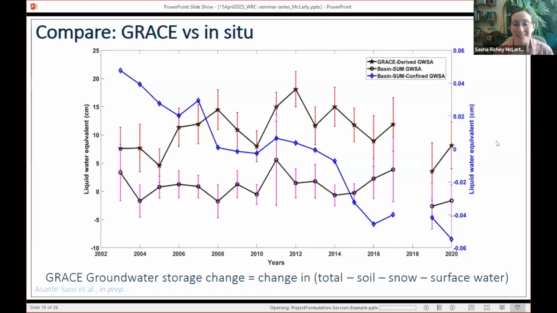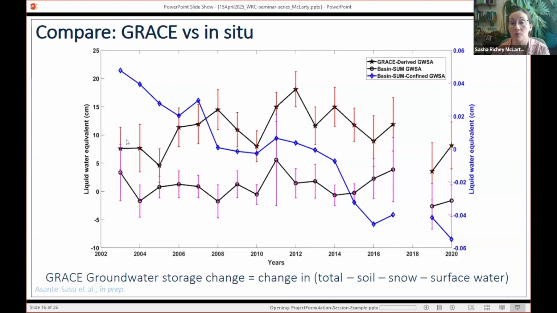Now I'll walk you through this spaghetti mess. So now I have added in two additional lines on the top with these red error bars and the stars, that is the GRACE-derived groundwater bucket. So GRACE minus the other stuff. This is what we're left with.